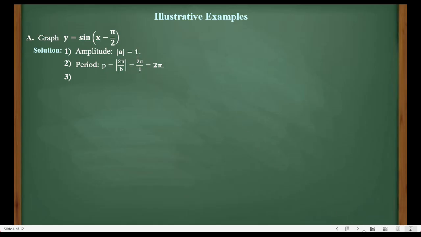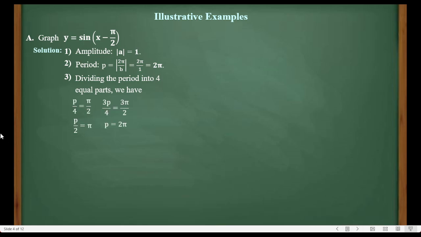Then from the obtained period, we're going to divide this into 4 equal parts. The first part can be determined by p over 4, and we substitute the value of p, which is 2 pi.